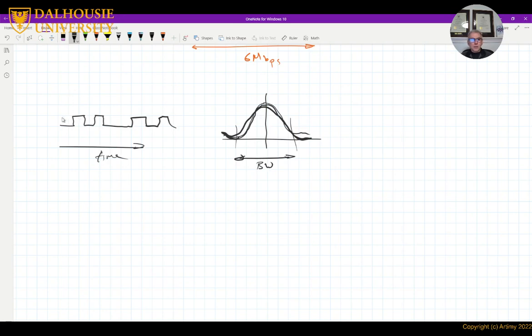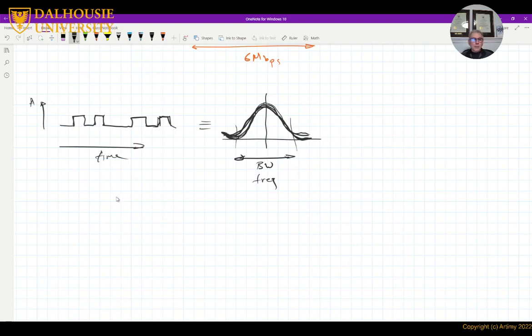So the left side is the signal in time domain, which represents here voltage or amplitude, and this is time, right? And we have zeros and ones represented by different amplitudes each. And the equivalent in frequency domain, this is frequency, is they occupy a certain bandwidth here.